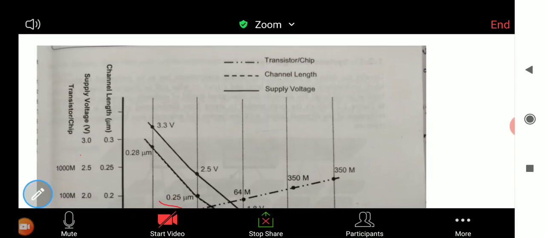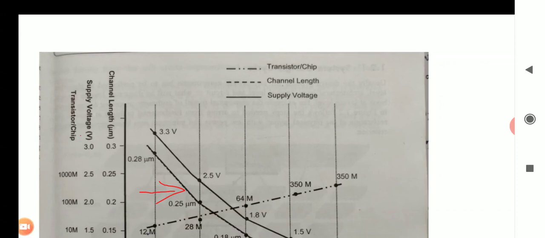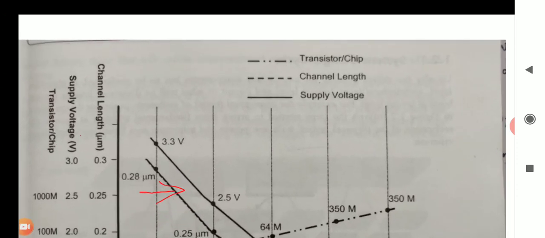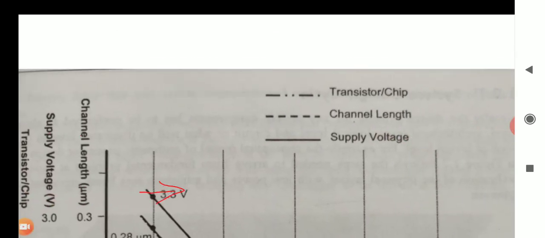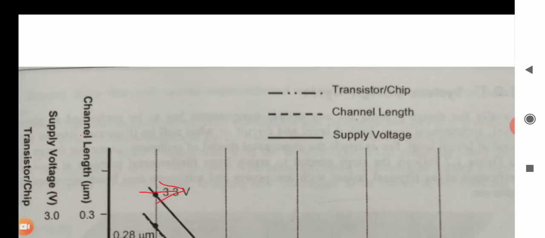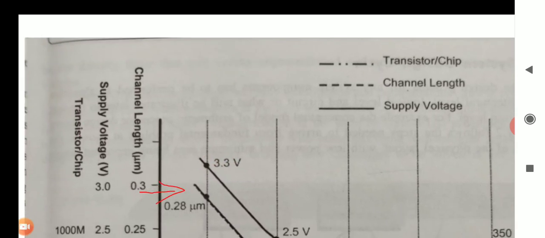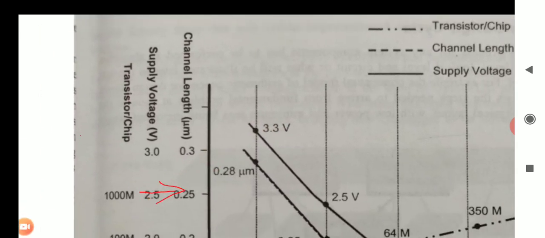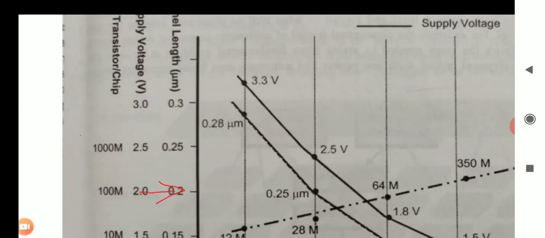If you see here: transistors per chip, channel length, supply voltage. And here on this y-axis: channel length, supply voltage, transistors per chip.